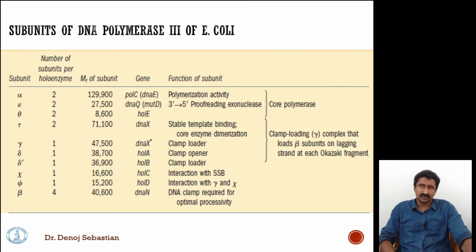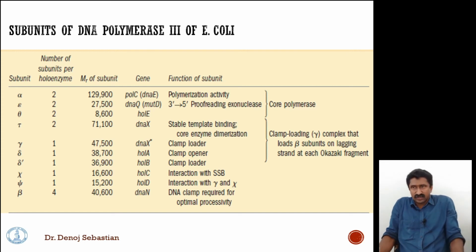So these are the different subunits. Here the molecular weights of the different subunits are given. Anyway, I'll share the slide with you, so you may go through that later. And these are the different genes coding for the different subunits. And this is the important part, where the function of each subunit is mentioned.